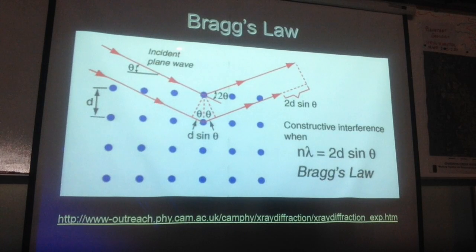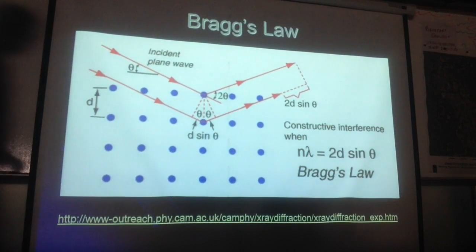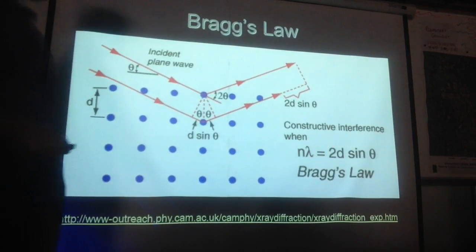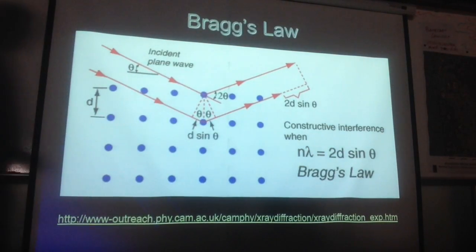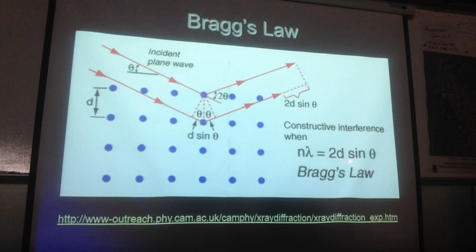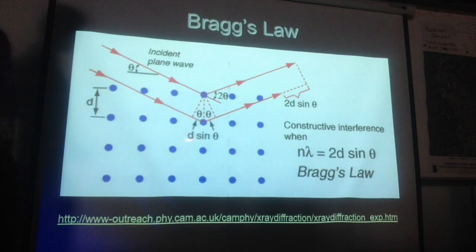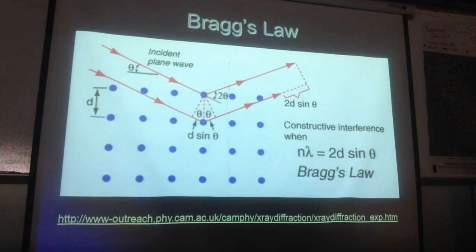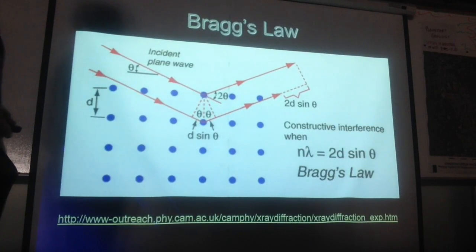So you have your incident plane wave, which comes in, and you have constructive interference when n times your wavelength is equal to 2d sine theta. And we can figure that out. And in most cases, the machine tells you all this and does this calculation for you.